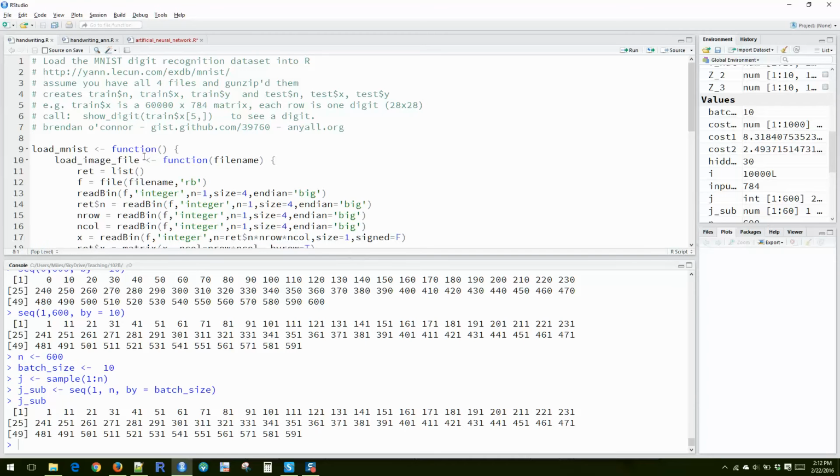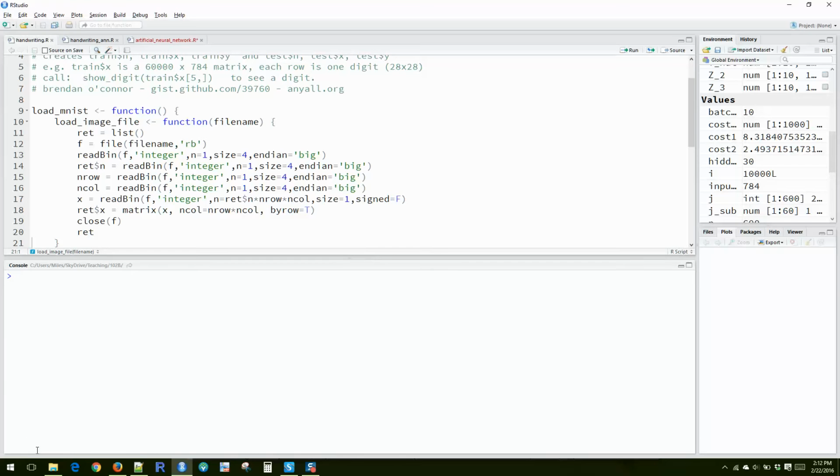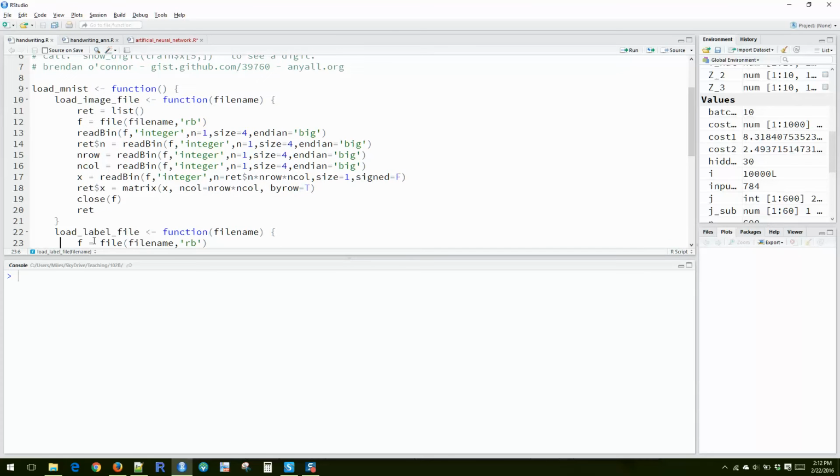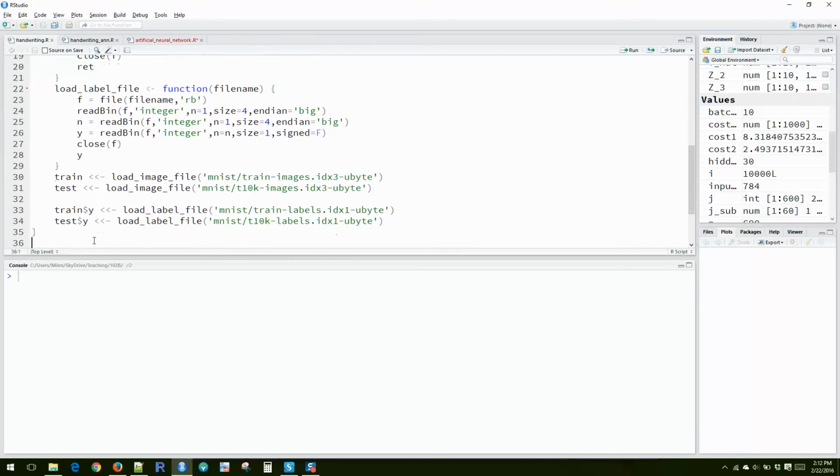And I have the link posted to this bit of code, which basically takes it from binary data and makes it into something that we can understand in R. Okay, so it reads the binary data, which we won't really recognize, and then it creates train and test, which are basically 2 lists.